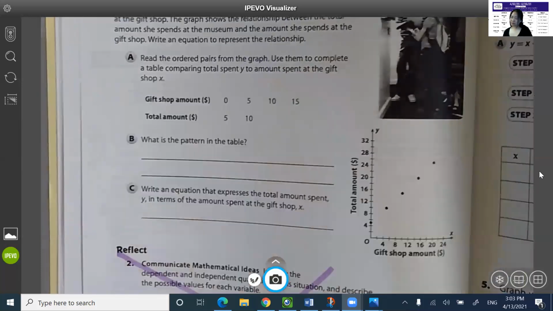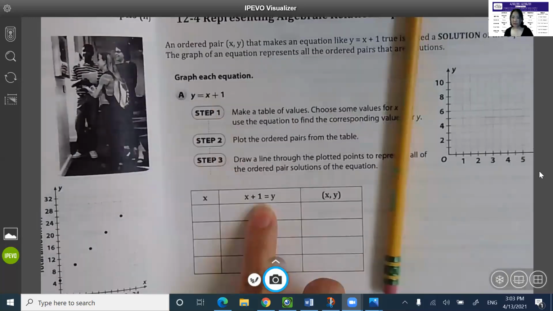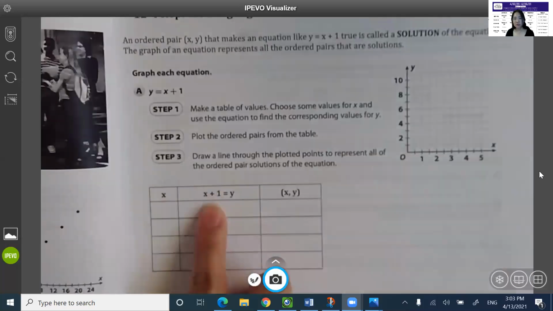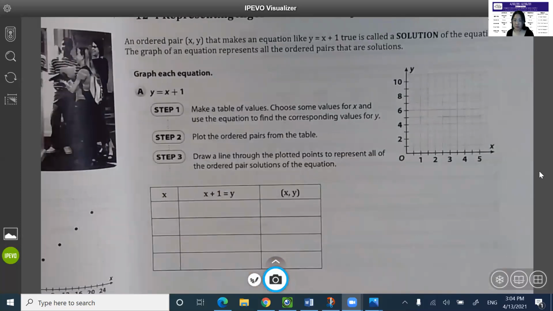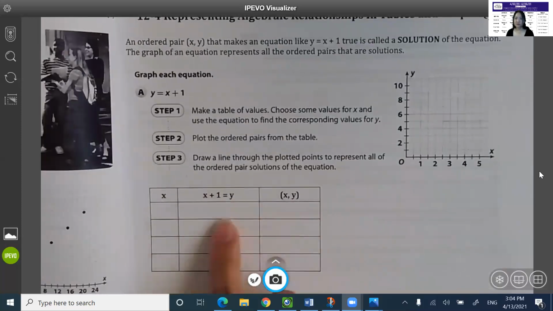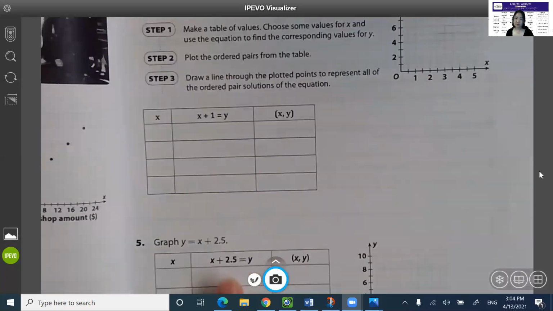And then we're going to finish it off by, sometimes they give you the equation and they want you to graph using the equation. In other words, you need to find the x and y values in an ordered pair using the equation. We're going to talk about how to do that and then plot the points. And then we're going to finish with the last problem.